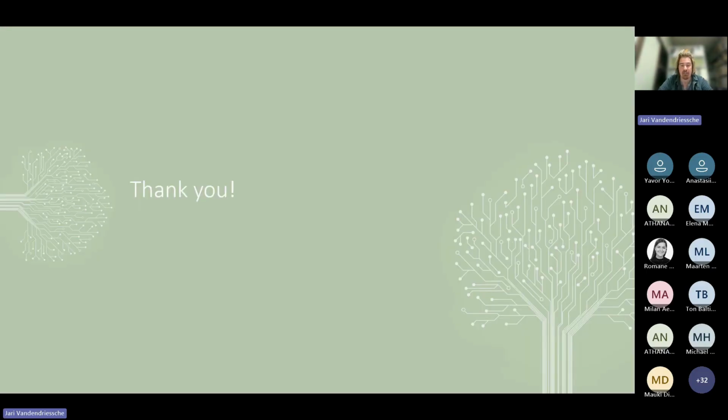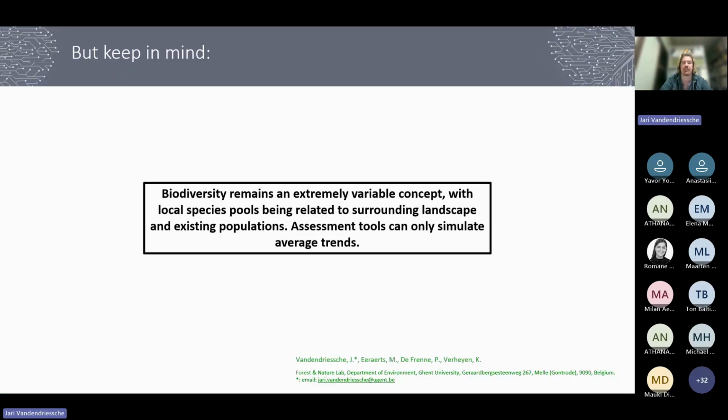So that's it. Maybe I have one disclaimer yet. As I'm trying to make clear, biodiversity is very variable, and local biodiversity depends on what species pools are present within the surrounding landscape and the environment. So assessment tools are only capable of simulating average trends.